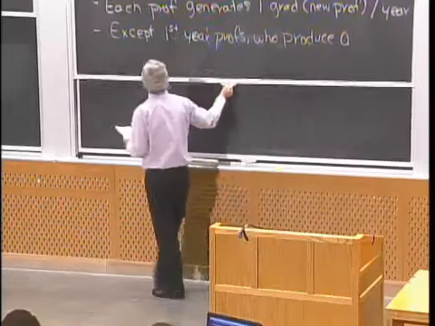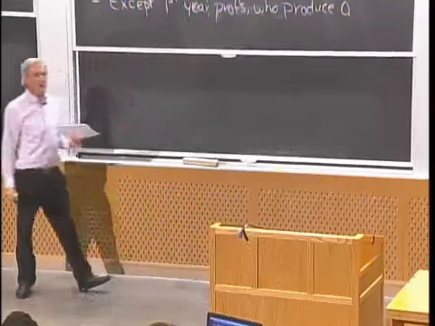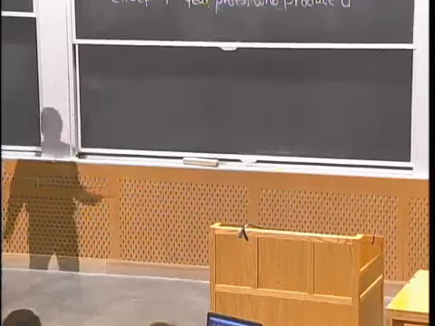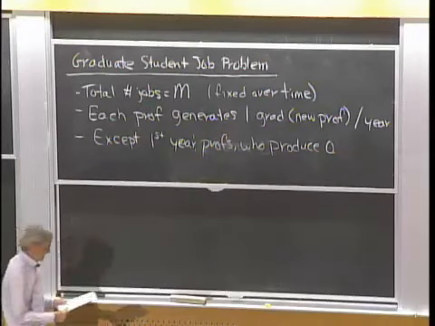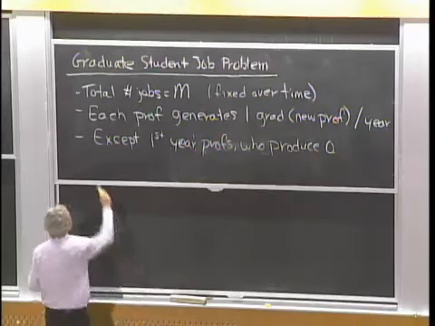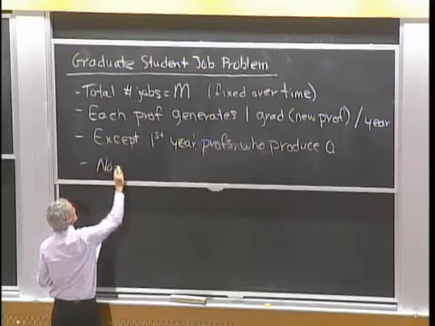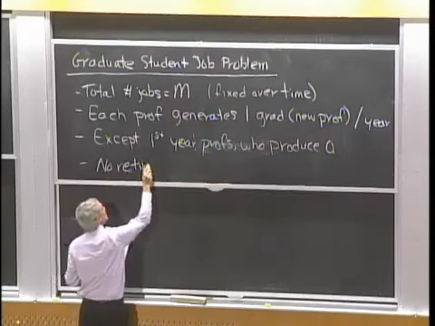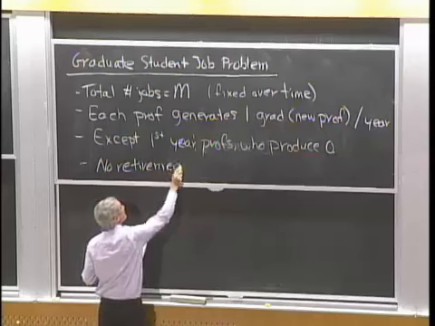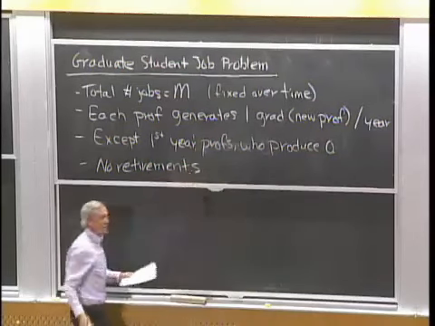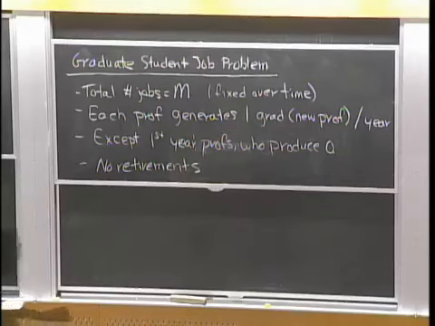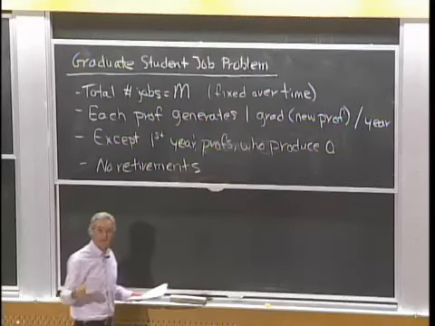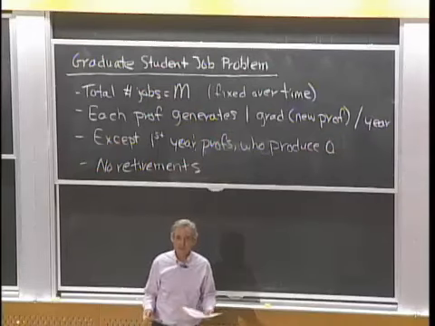Now, matters are made worse by the fact that Congress passed a law, and this is true, that more or less bars mandatory retirements in colleges. And so that means there are no retirements in this problem. And we're going to assume the faculty live forever. And so once you fill a position, it's filled forever. It doesn't exist anymore. In fact, if you walk around the math department, you can see the impact of this.